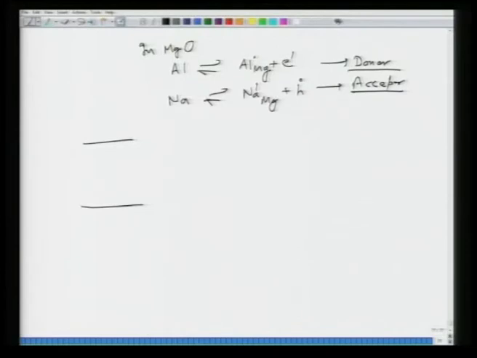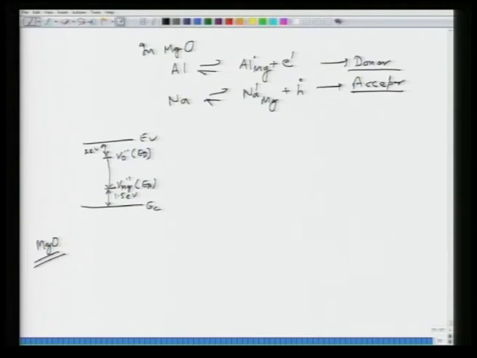So, for instance, in case of MgO, this is your E_C, this is your E_V. If your V_Mg' is about 1.5 electron volt, this is E_A, and this is your V_O, E_D, and this is about 2 electron volts.